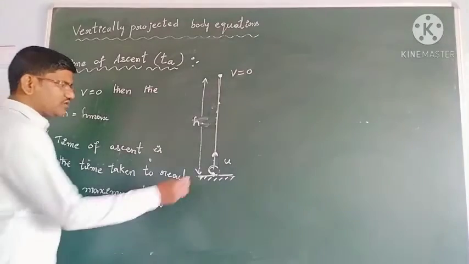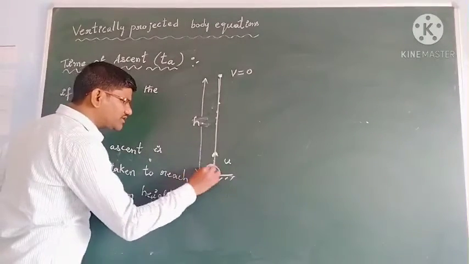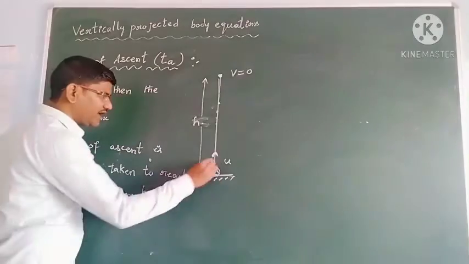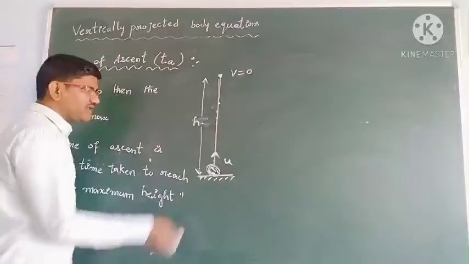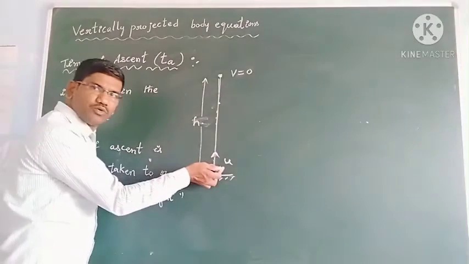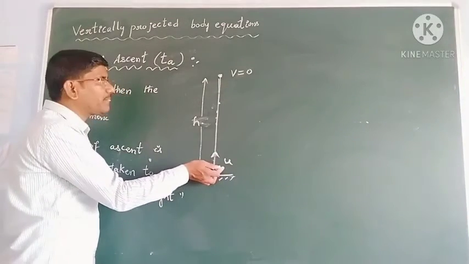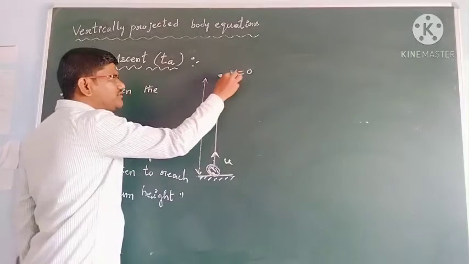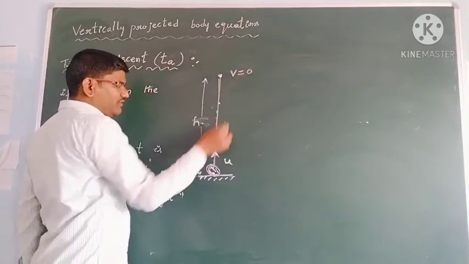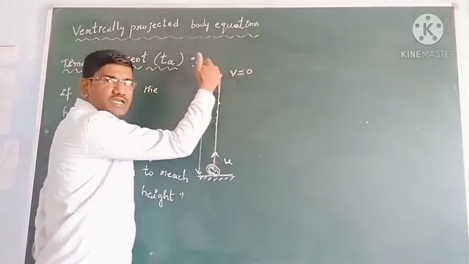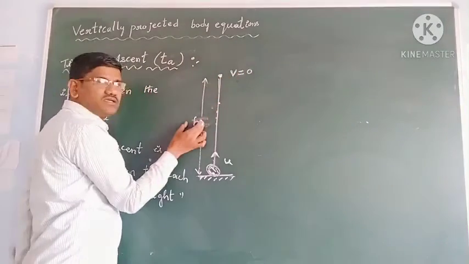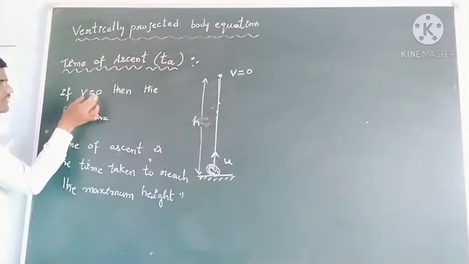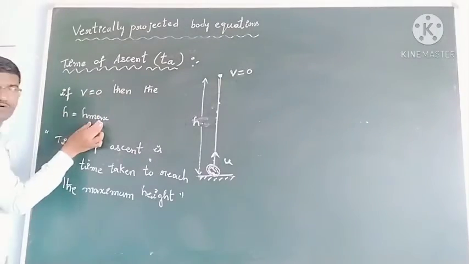Okay students, we projected from this point. This is the point of projection, and we projected with an initial velocity u. As it is going up, its speed goes on decreasing, and at a particular point its velocity becomes 0. Whenever its velocity becomes 0, it cannot reach a further distance. So that is the height reached, and that height will become the maximum height. If v is 0, the height attained is called h maximum.